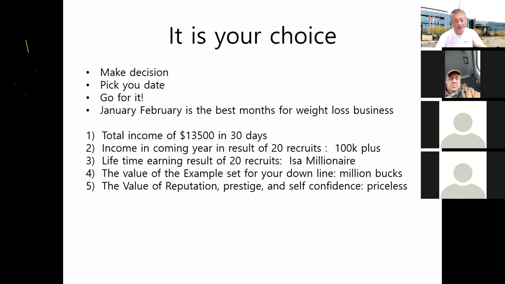The value of reputation, prestige, and self-confidence, priceless. Every top earner in the industry has done this, which means if you don't do this once or twice or 3 times in your lifetime, it's hard to be a top earner. Okay, so that's my presentation today, and hopefully we'll use this strategy to earn our goals.